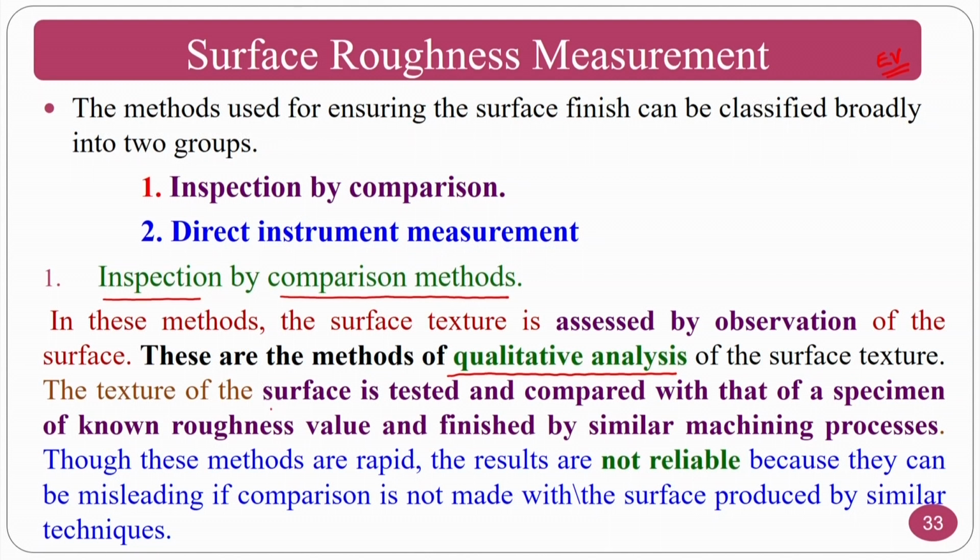The surface texture is assessed by comparing with that of a specimen of known roughness value, finished by a similar machining method. Assume that I want to check a particular component finished by the abrasive flow finishing process or any other polymer assisted abrasive finishing process. I will have a master sample with known input conditions.